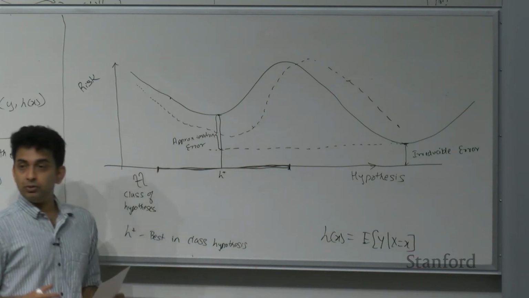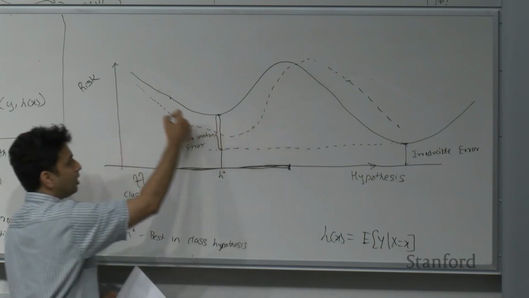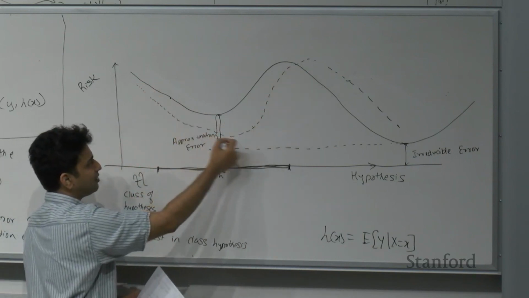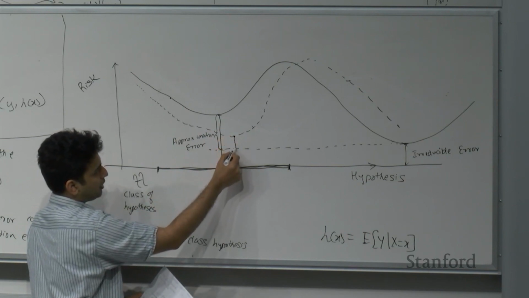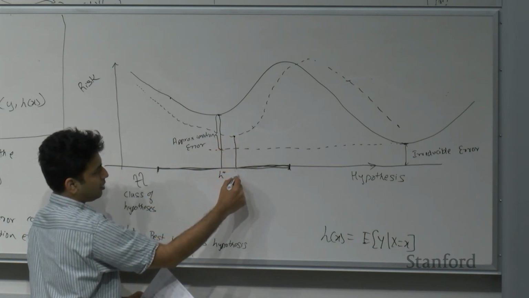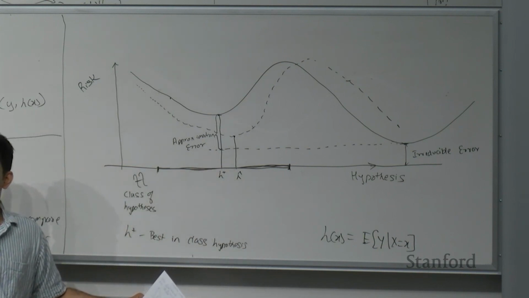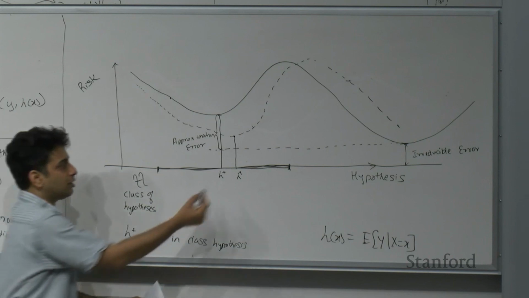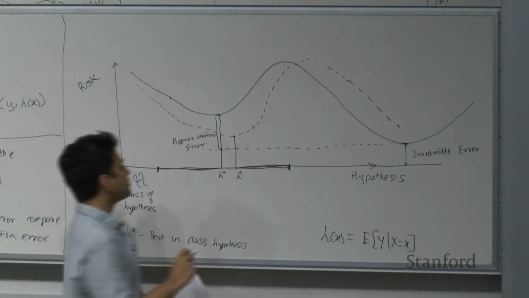So in practice, we take a training set and we get this as our loss function, and we minimize this loss function, and the point where we minimize we get a hypothesis, let's call it H hat. This is the estimated hypothesis. In the case of linear regression, this corresponds to the theta hat vector that we get.